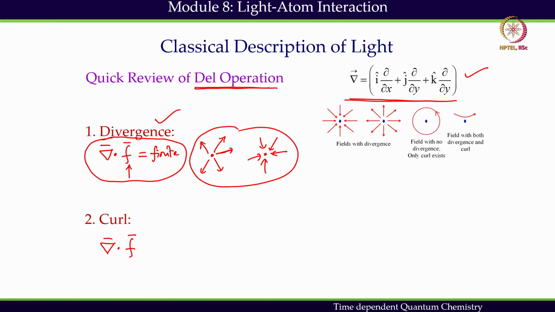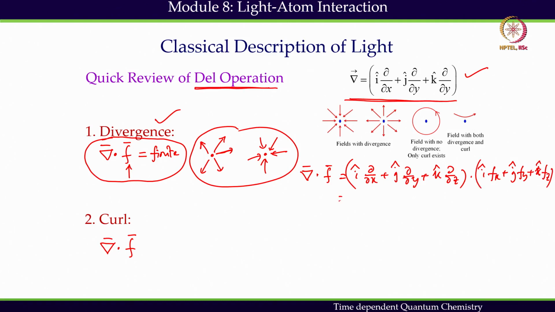On the other hand, mathematically one can calculate the dot product this way. I have this vector differential operator, and then dot fx i plus fy j plus fz k.